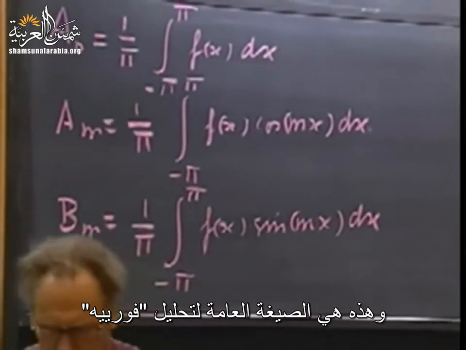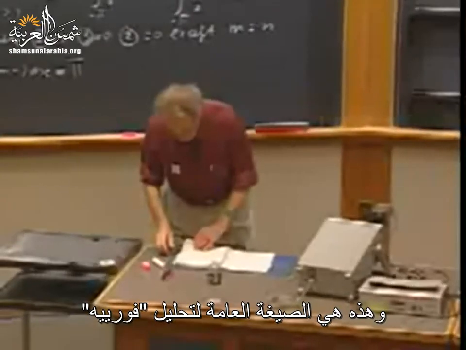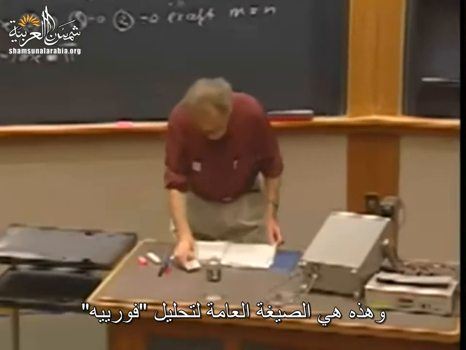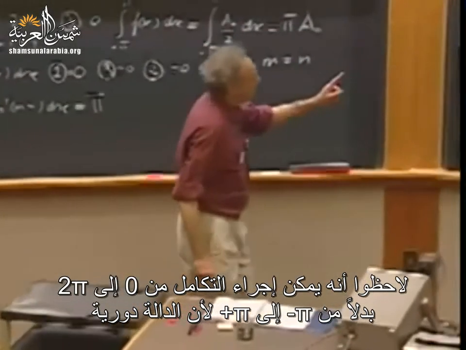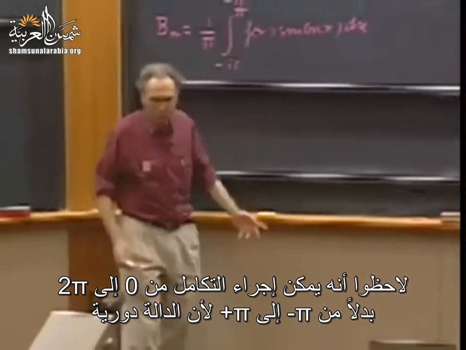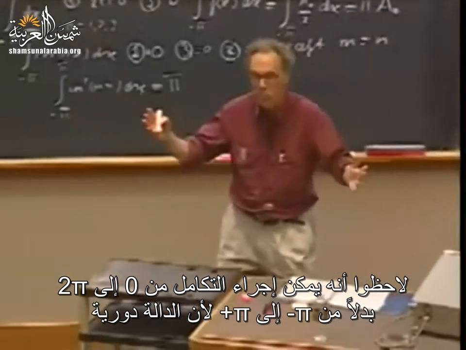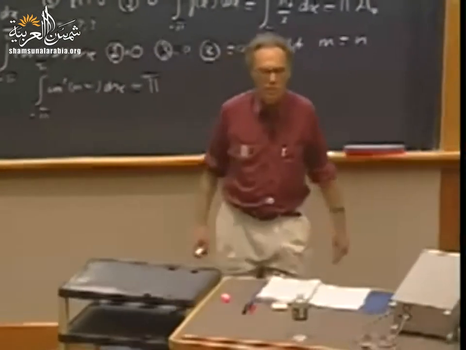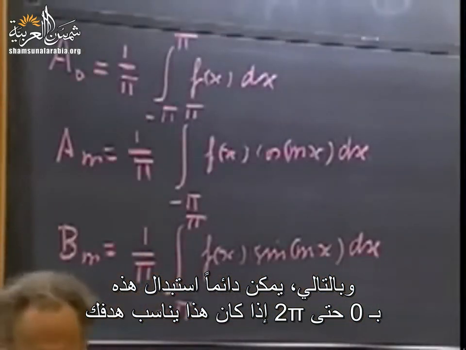And here you see in its most general form the formalism of Fourier analysis. Keep in mind that whenever you have an integral from minus pi to pi, if you prefer 0 to 2 pi, that's fine, because the function is periodic. So you can always replace this with 0 to 2 pi if that suits your purpose.